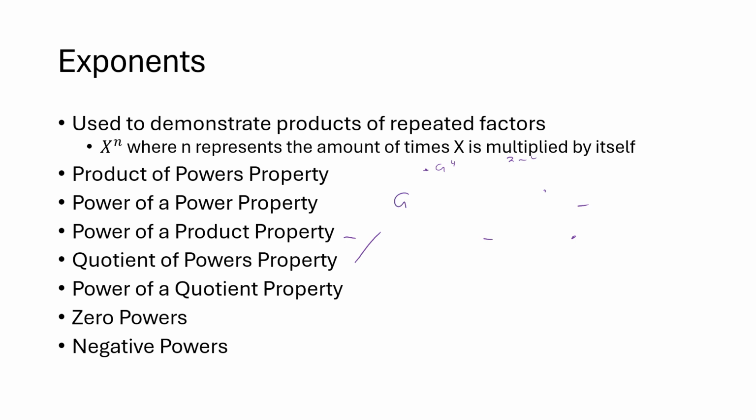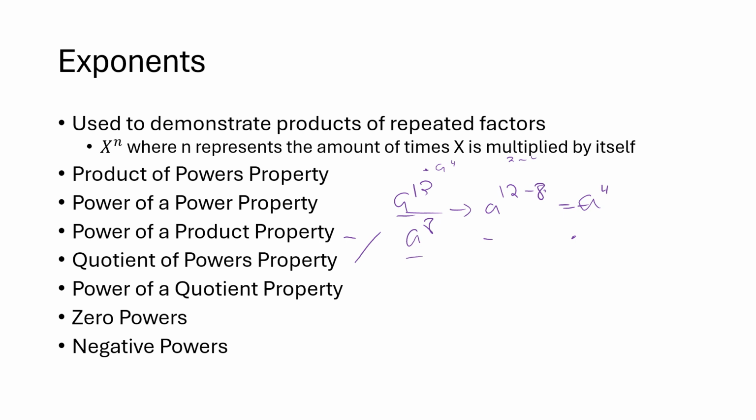So let's say we get a to the 12th divided by a to the 8th. Their bases are the same, which means we can subtract: 12 minus 8, and we get a to the fourth. The quotient of powers property allows you to subtract the exponents as long as the base stays the same.